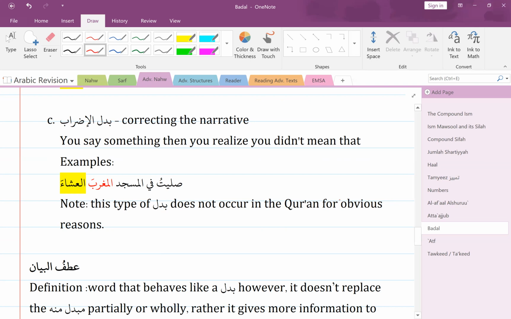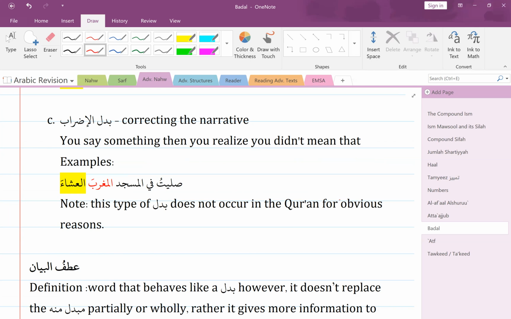You're correcting the narrative. So you say something, then you realize you didn't mean that. Okay? So for example, if I say صليت في المسجد المغرب, then I realized it wasn't Maghrib, it was Isha. Then I say al-Isha. So it's correct that I did pray Maghrib. But I didn't pray Maghrib at the mosque.